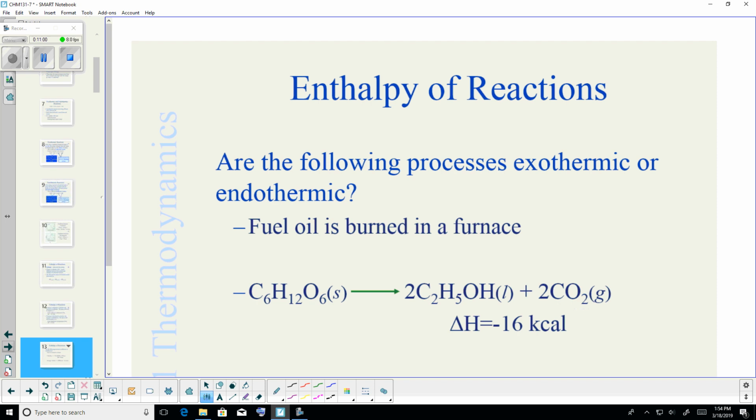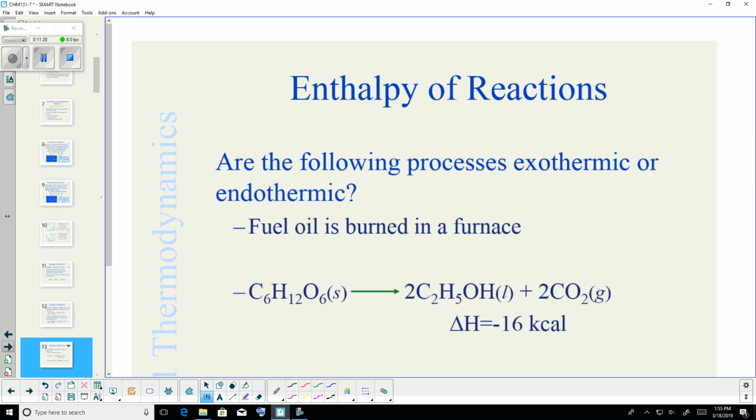So here are the following processes, exothermic or endothermic. Fuel oil burned in a furnace, exo or endo. Why do you burn fuel oil in a furnace? To produce heat. So if you're producing heat, what kind of reaction is it? Exothermic.